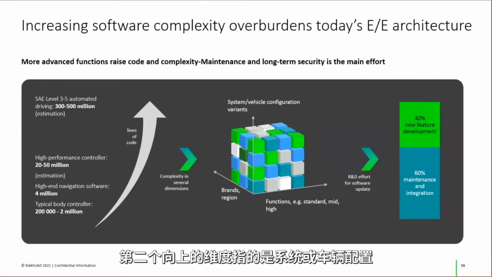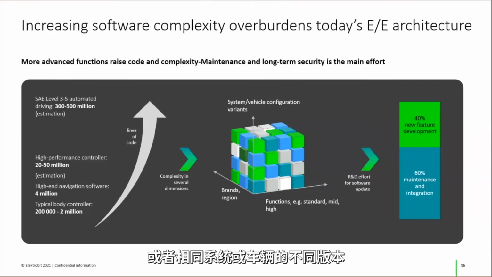In the second dimension, pointing upwards there, we've got either the system or the vehicle's configuration or different variants of the same system or the vehicle itself. So this adds another dimension of complexity, ranging from different functions of different complexities up to different variants of those functions for different systems or vehicle components and parts.